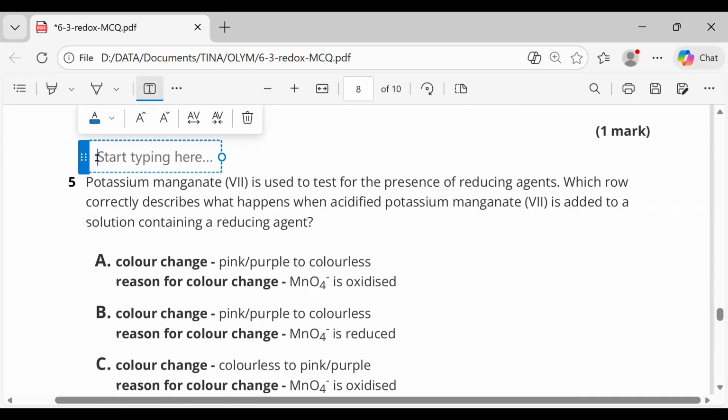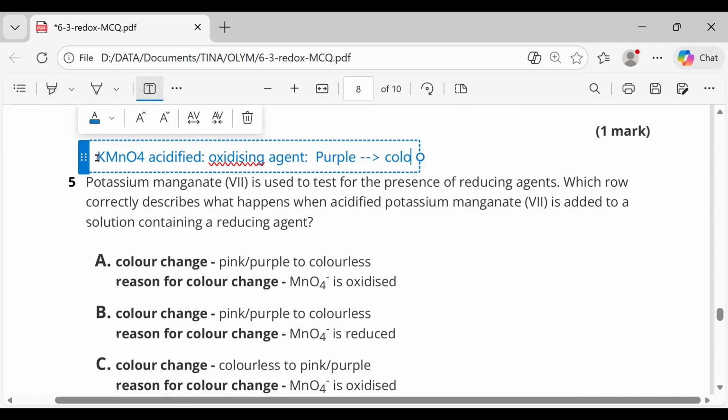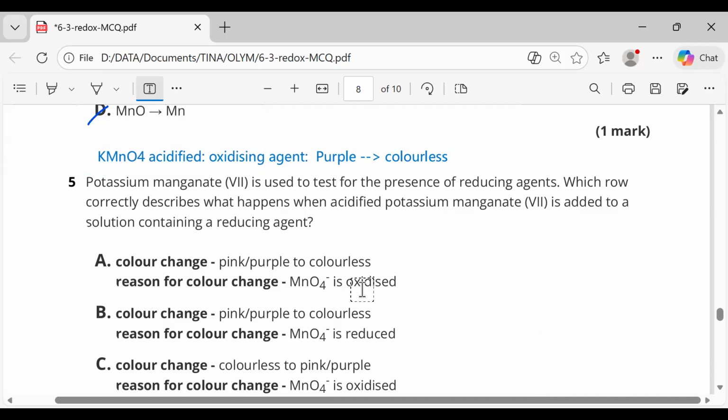Potassium manganate(VII), KMnO4, must be acidified, then it can work. It is an oxidizing agent. The original color is purple, and it will become colorless when it reacts. Potassium manganate(VII) is used to test the presence of reducing agents.